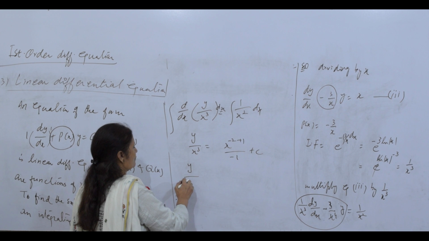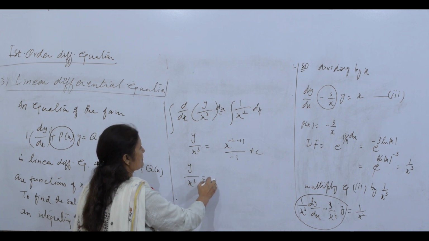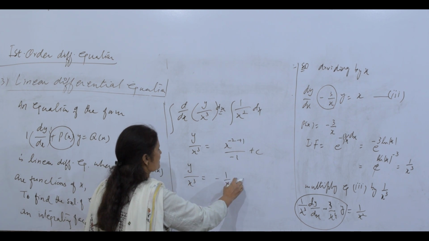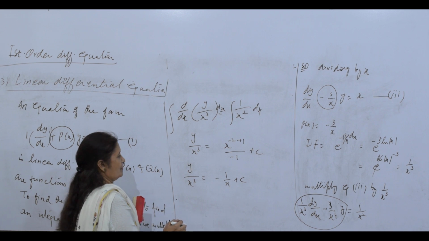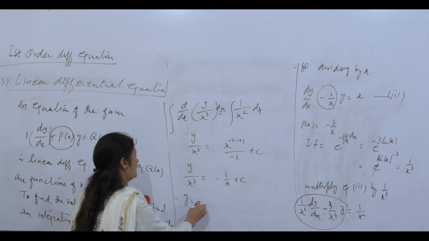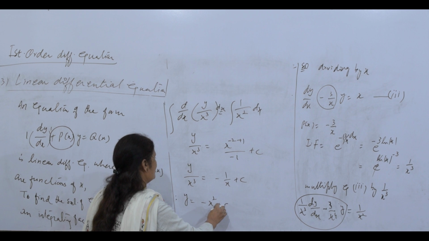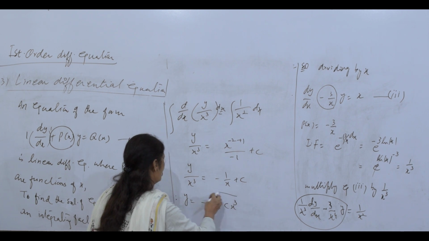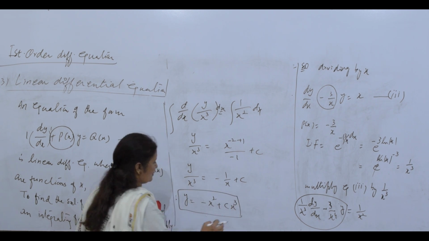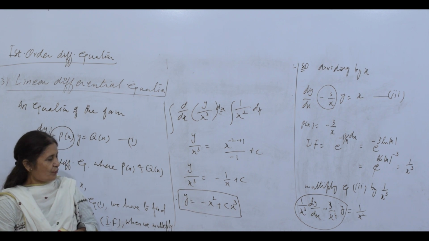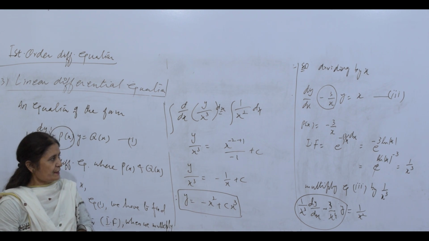So y over x cubed is minus 1 over x plus c, which can be written y equals minus x squared plus c x cubed. This is the solution of a linear differential equation.